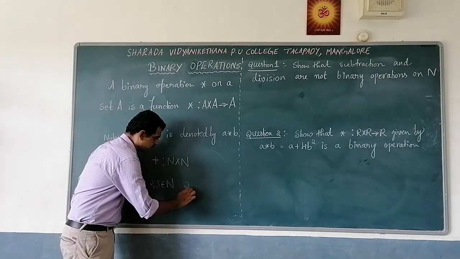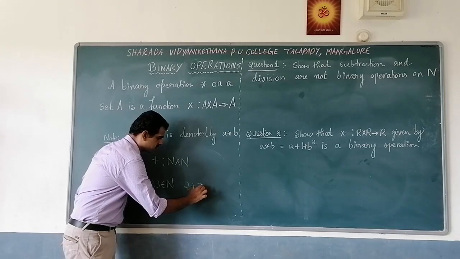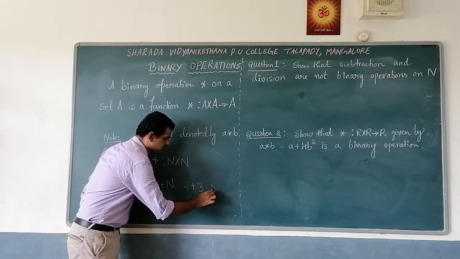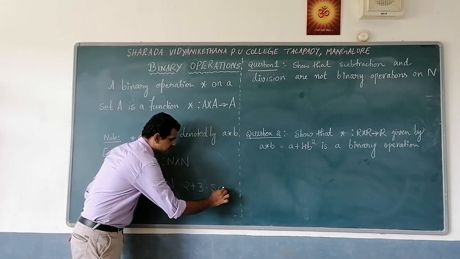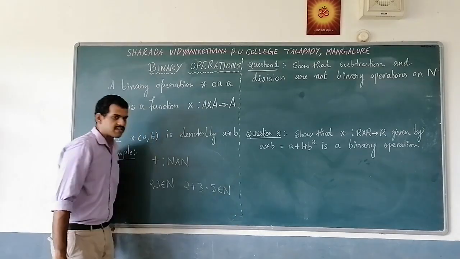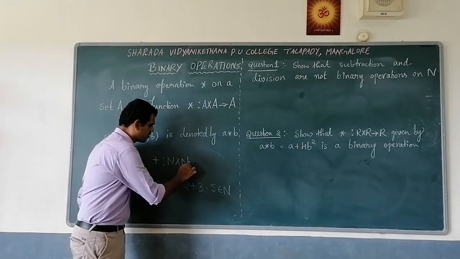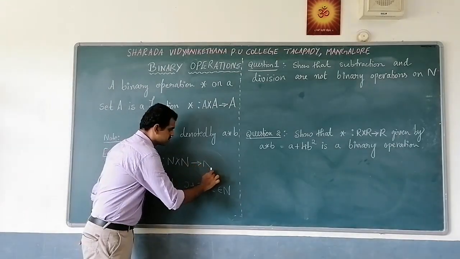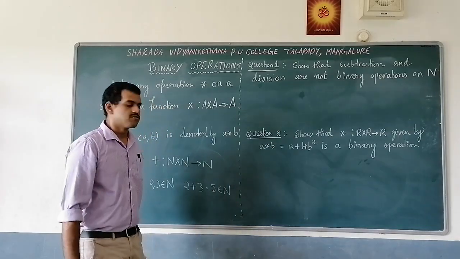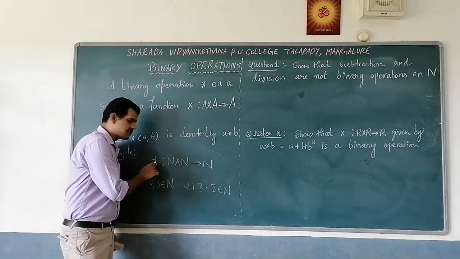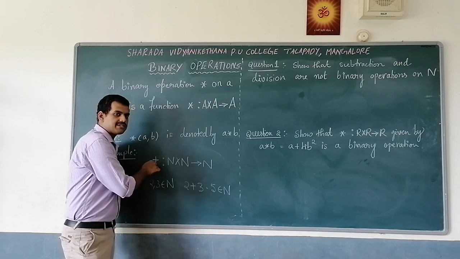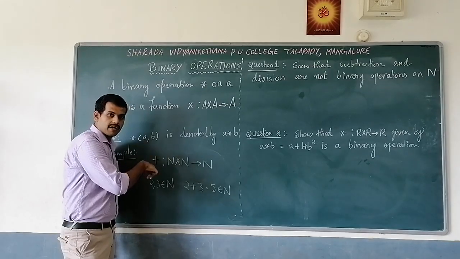Now if I perform the operation addition on 2 and 3, I am going to get 5. This 5 again belongs to natural numbers. So therefore N cross N is mapping to N only.